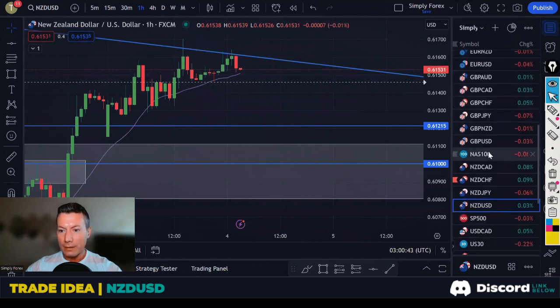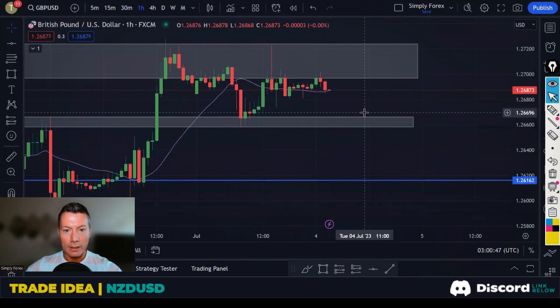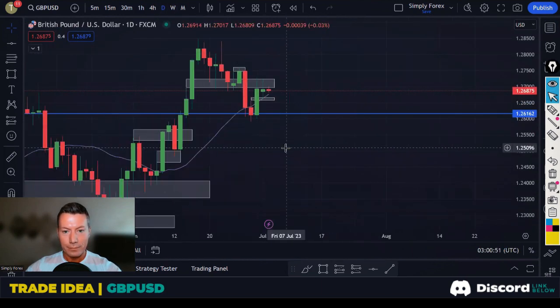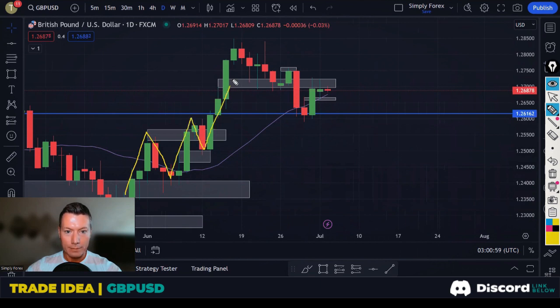The other US dollar pair is this. This is the pound against the US dollar. Again, I like the area that it's in. So what are we looking at, guys? On pound US dollar, we were in an uptrend, okay? And then price has broken down.